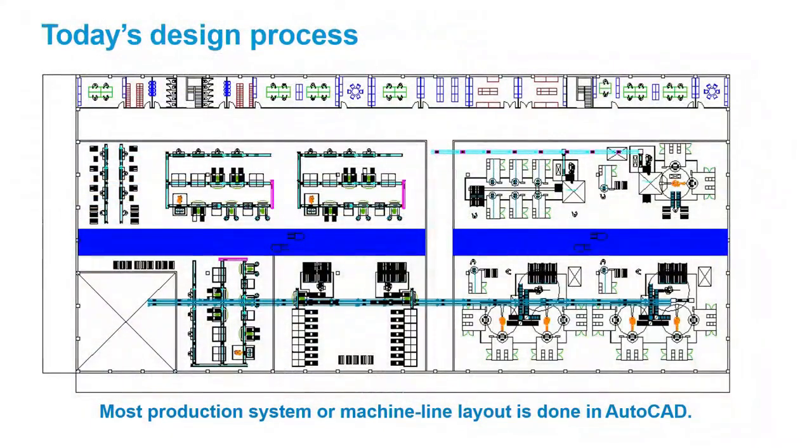Today, in 90% of the cases, the factory layout is created just in AutoCAD 2D, but the factory design is a very complex project, so with 2D we cannot really check all we need to check for such a complex project. Also, we have issues in communicating between the different stakeholders.